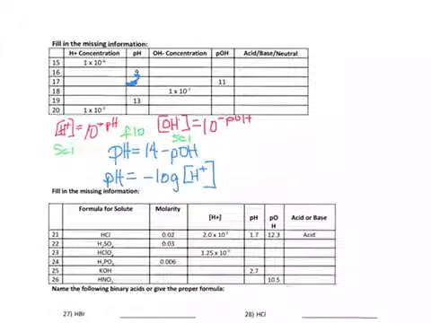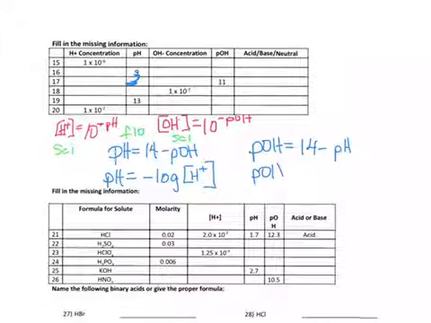And then to calculate for pOH, what's one of the formulas? 14 minus pH. And then the other one, if I don't know pH, what can I use?